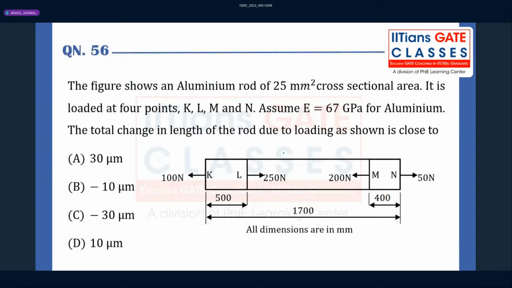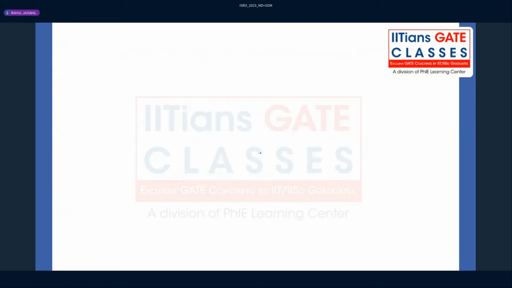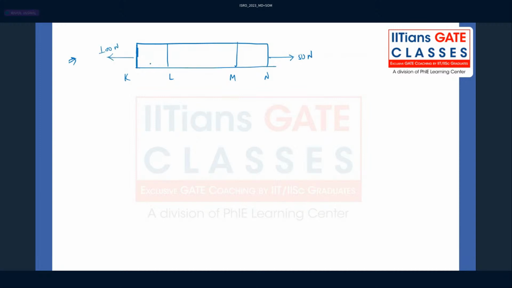Moving on to the next question. Here the figure shows an aluminum rod; let me make the figure once again. We have the member K L M N, where the loads acting are 50 Newton, 100 Newton, 250 Newton, and 200 Newton.